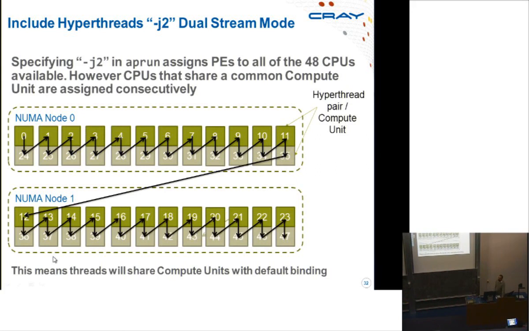Similarly with threads, it will assign them in the same way. So if you have 2 threads, they will most likely be launched on the same hardware, the same compute unit, and they'll be sharing resources. Whether that's the best thing to do will depend upon your application. As I said earlier, I fully believe a lot of papers and research will go into whether this is the best thing to do, and it will probably depend on some research for your application and what it does.